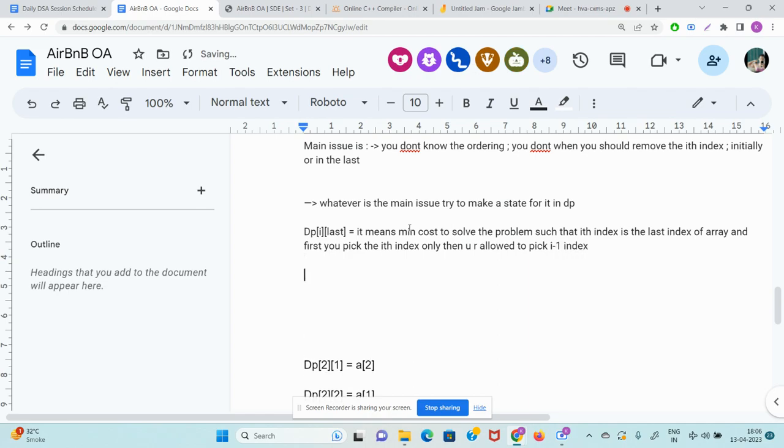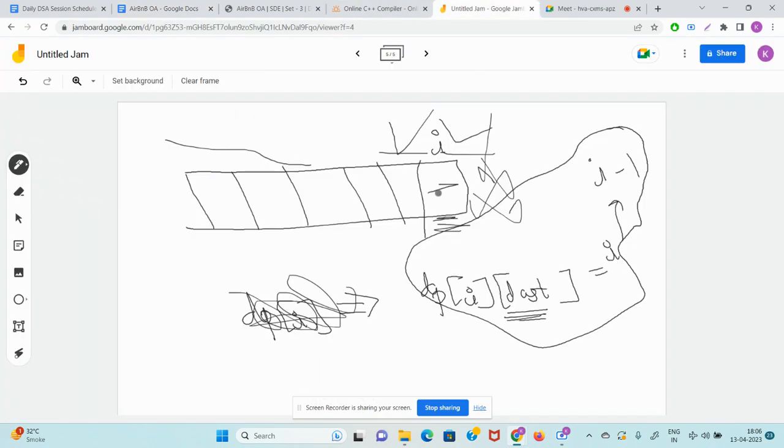Everyone write in the chat if you understood the meaning of DP of I of last.